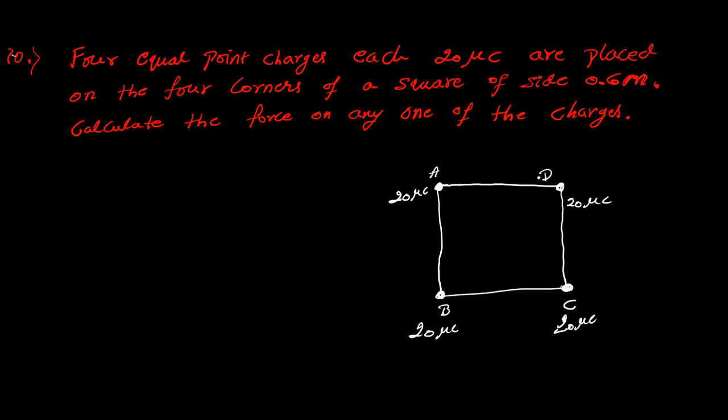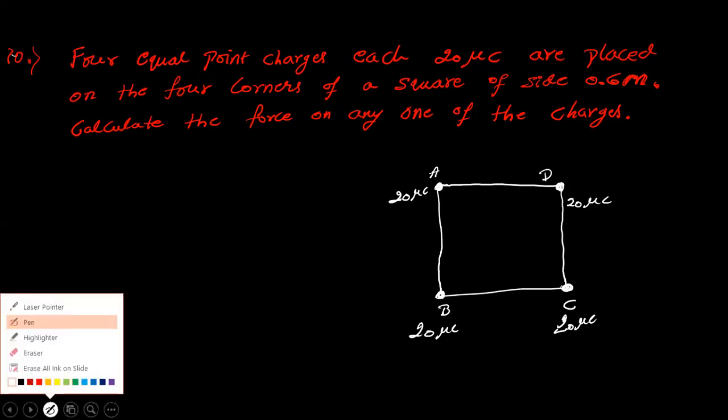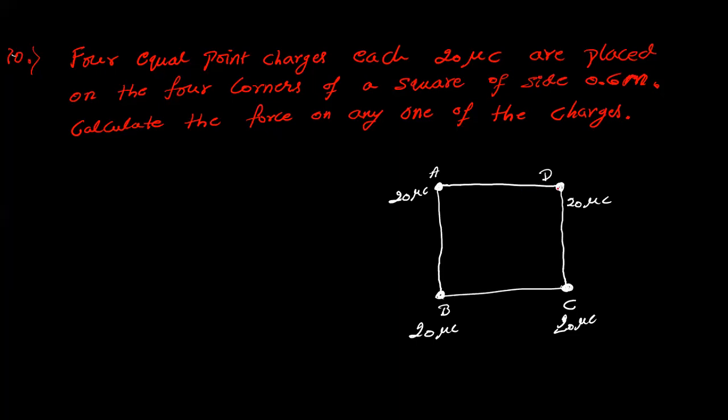Suppose I take D as the reference. Observe what forces act on it. It experiences a force from the charge A first, the neighboring charge. I call this FA, the force acting on D from the neighboring charge A. There is one more force from C, which goes perpendicularly like this. This is FC.